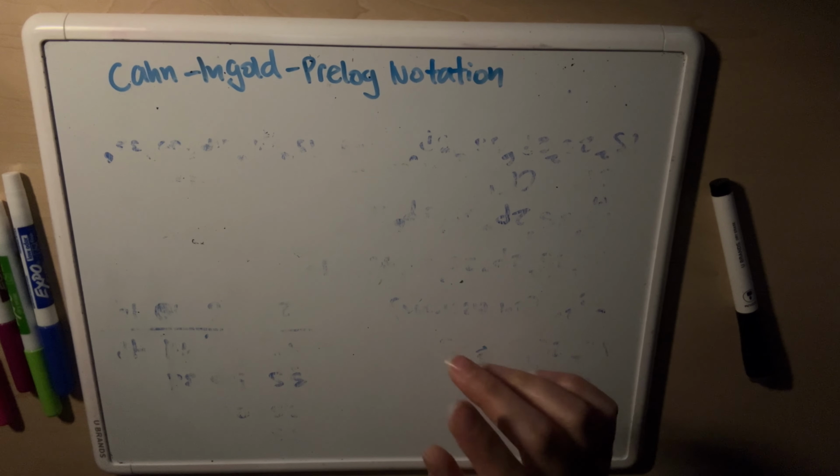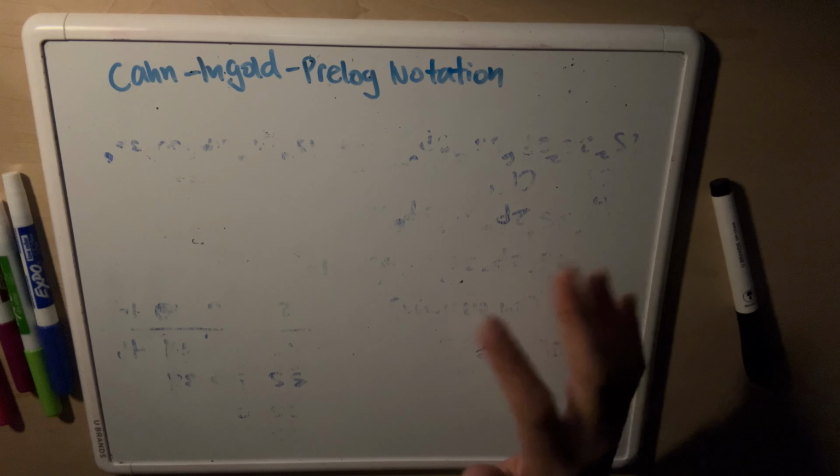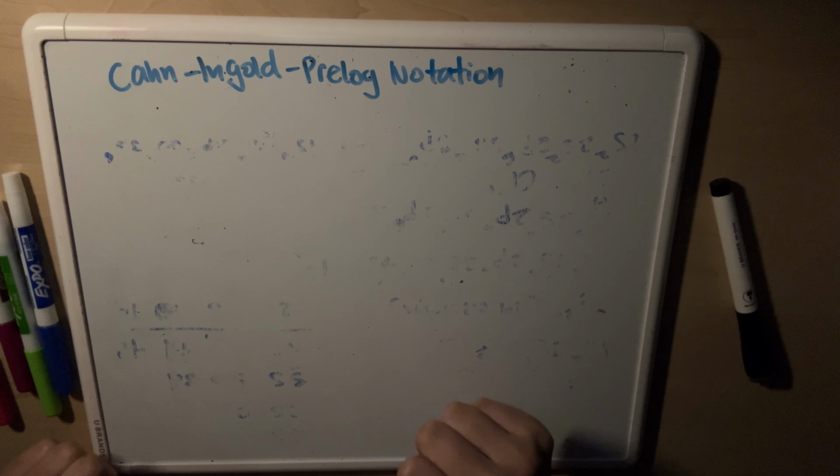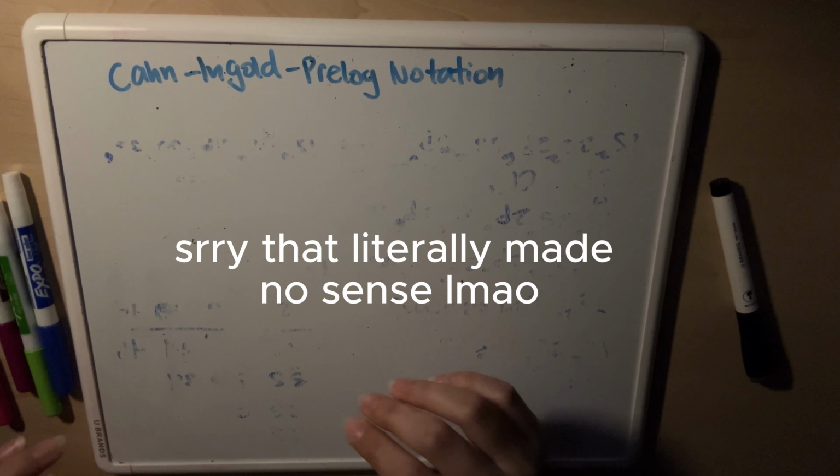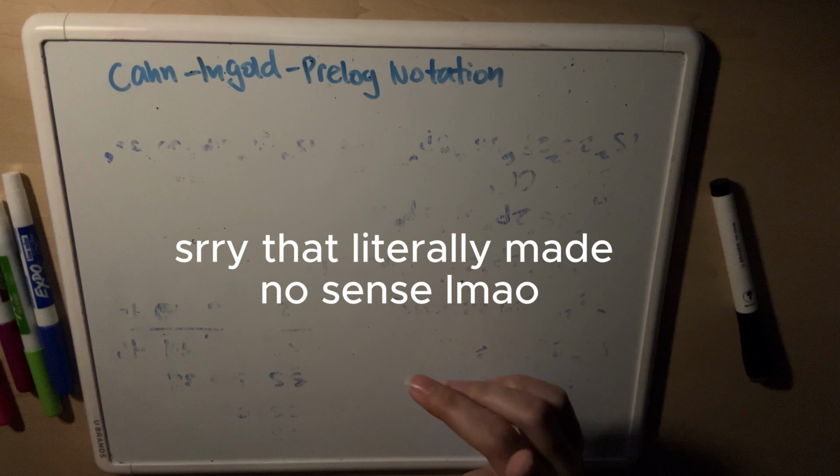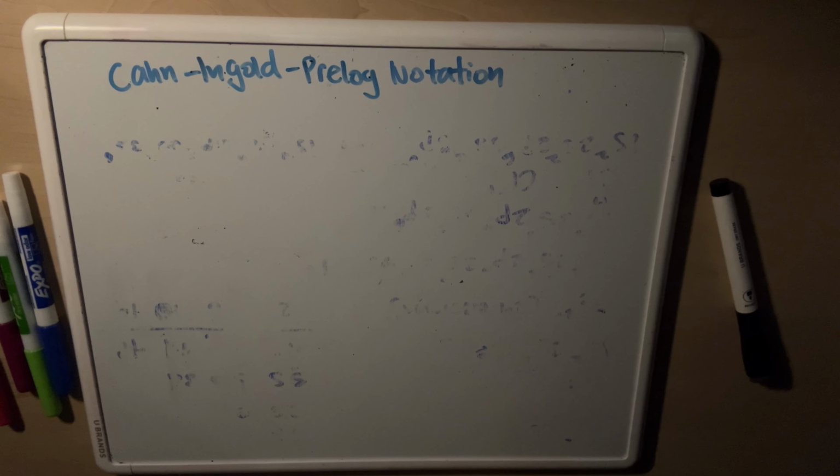This is a way to describe the chirality of molecules, and it's the positions of the constituents that are determined to label compounds as either R or S. I hope that makes sense because that clearly did not make sense to me. So we'll just go over it.